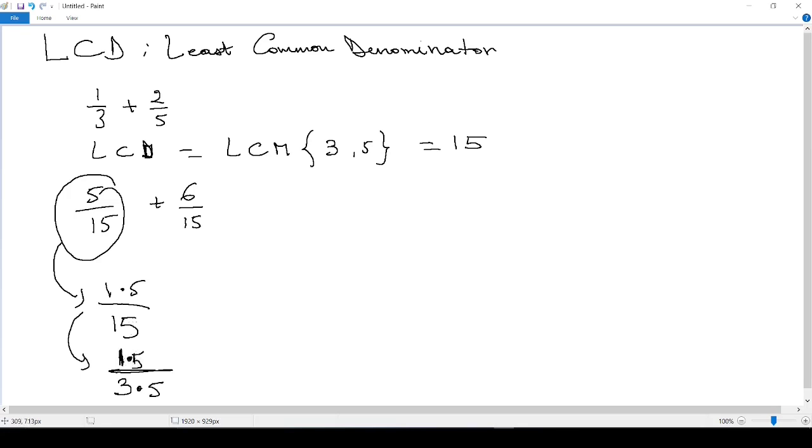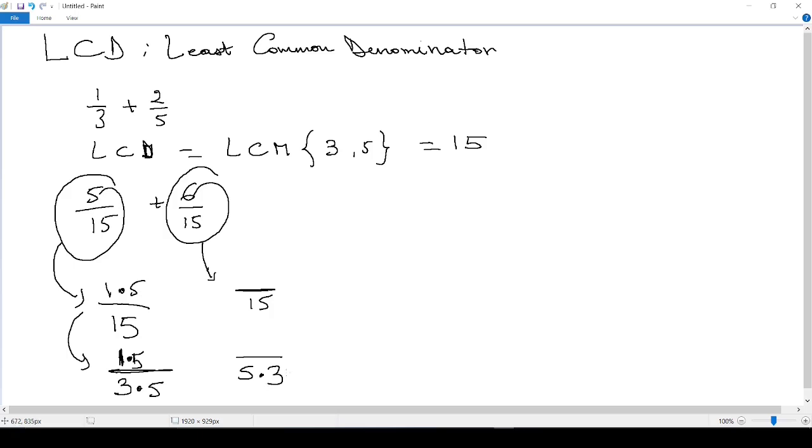We do the same thing for the second fraction. How do we get that? Our bottom is 15, we know that, and it is the LCD. But how do we find the 6? The 15 is equal to 5 from our original fraction times what number? 5 times 3 gives me 15.